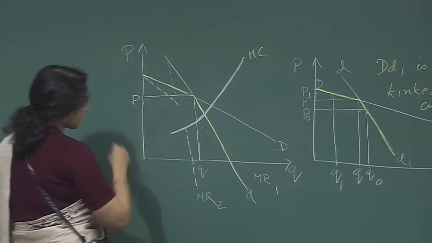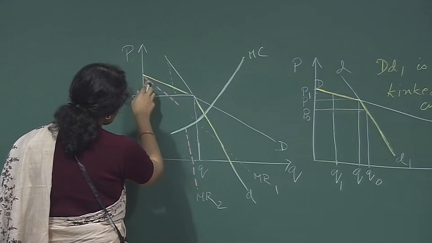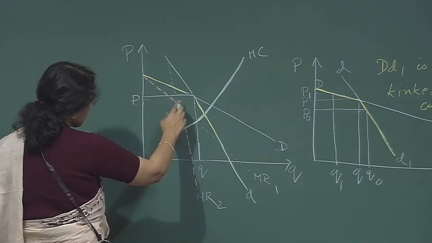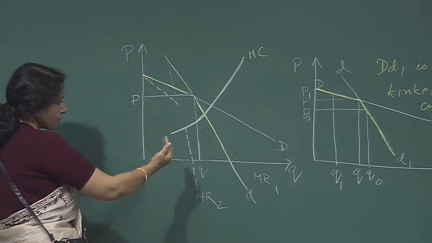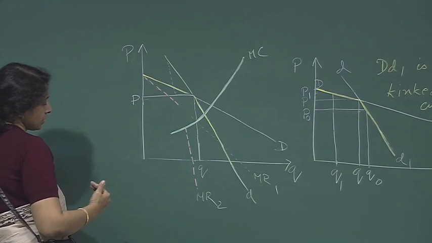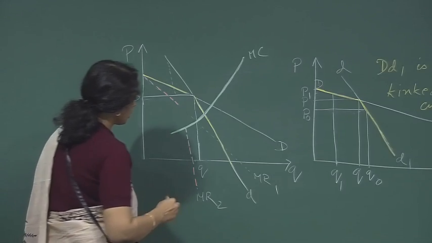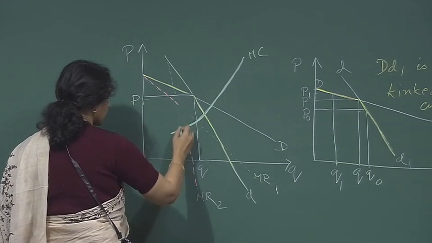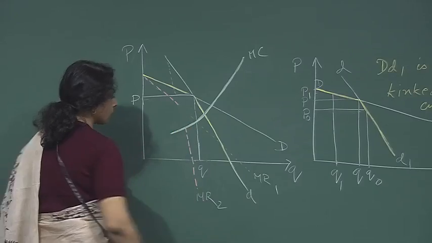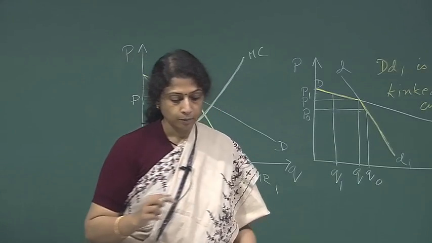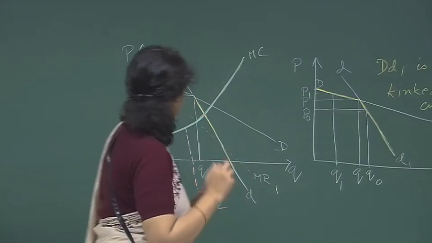As you will see, marginal revenue has a discontinuity where the demand curve shifts from capital D to small d. So there is a discontinuity in the marginal revenue curve because of the kink in the demand curve.